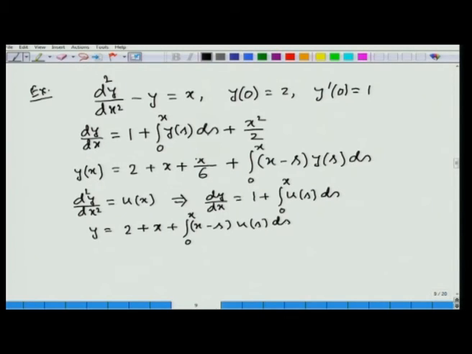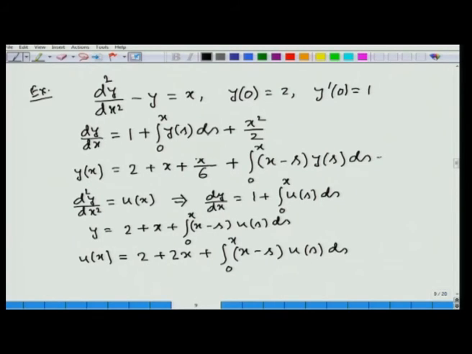So, d2y dx2 equal to u(x), y is this one. Clearly, from the given equation you can understand the required integral equation is u(x) equal to y plus this one. That means 2 plus 2x plus integral 0 to x (x minus s) u(s) ds.